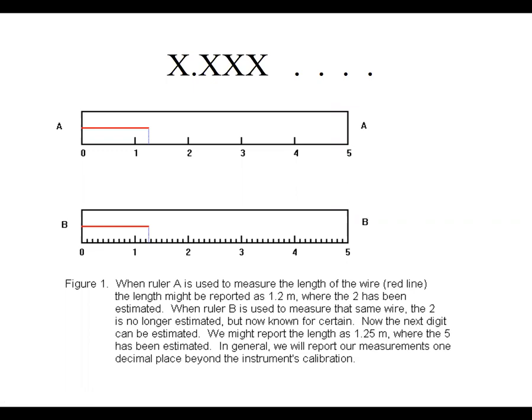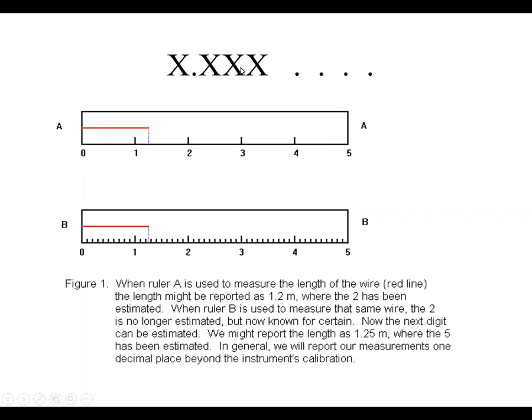Notice now that second digit is no longer an estimate. I now know that digit with certainty. I can see that it extends past 1.2, but doesn't make it to 1.3, meaning it is 1.2 something. So now I can fill in 2 x's with certainty when I use ruler B. I know that the first x is a 1, and I know for sure the second x is a 2.